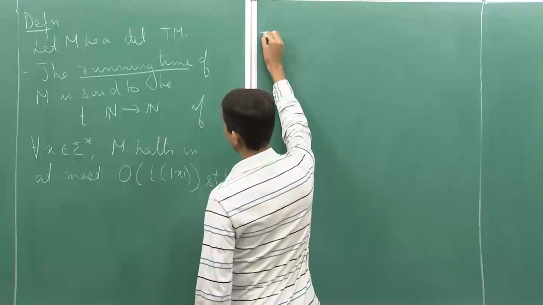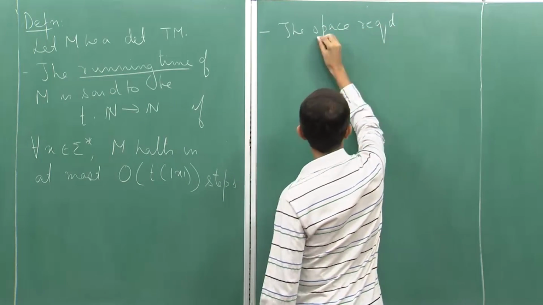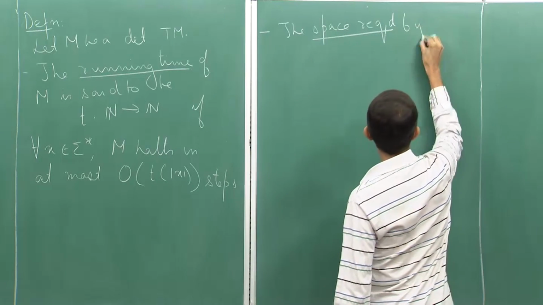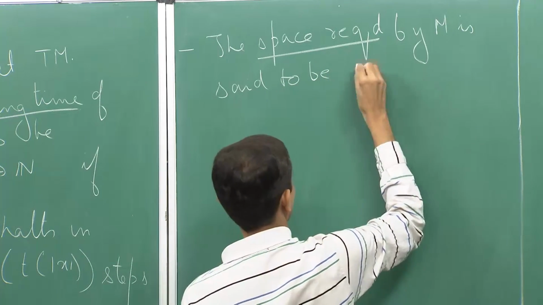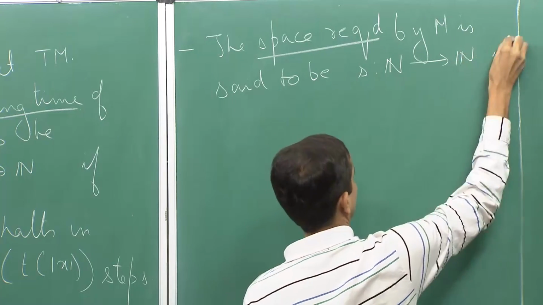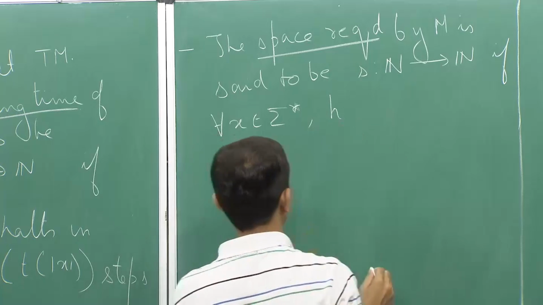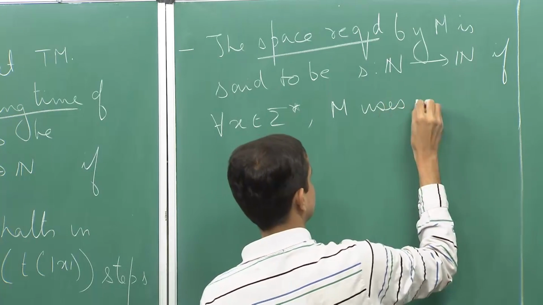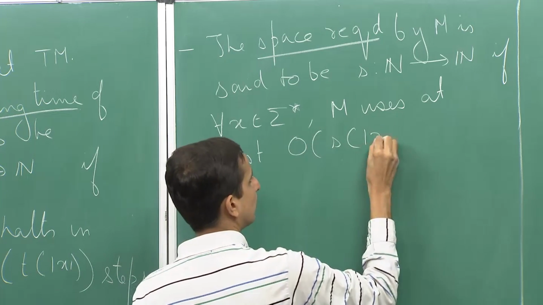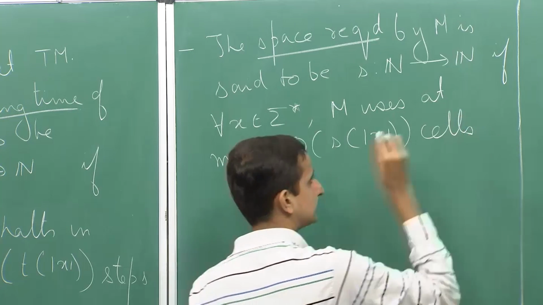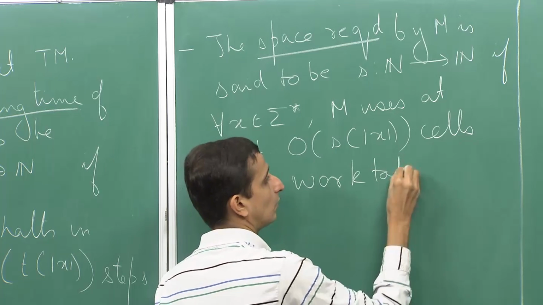So, similarly, we define the space required by M to be the function s going from N to N if for all x in sigma star, M uses at most order s of mod x cells in its work tape.